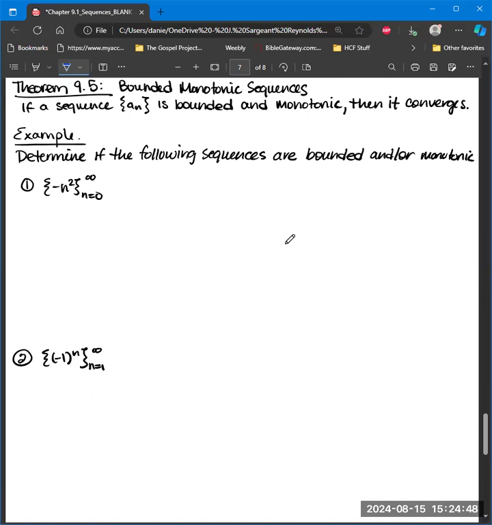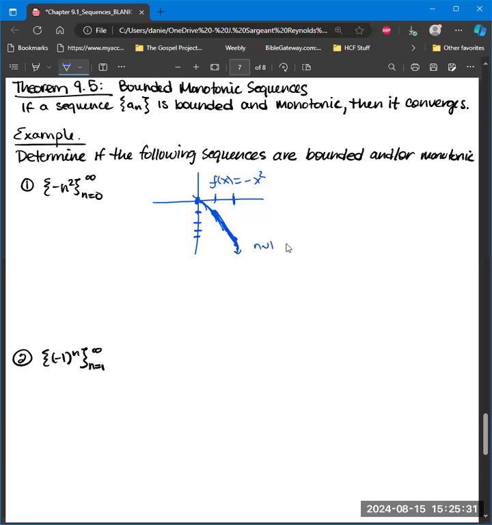So determine if the following sequences are bounded and/or monotonic. Let's look at the graph here. Negative n squared is going to be 0, then negative 1, then negative 4, and so on and so forth. If we let f of x be equal to negative x squared, we're going to get these points. This is just the right-hand side of this parabola.